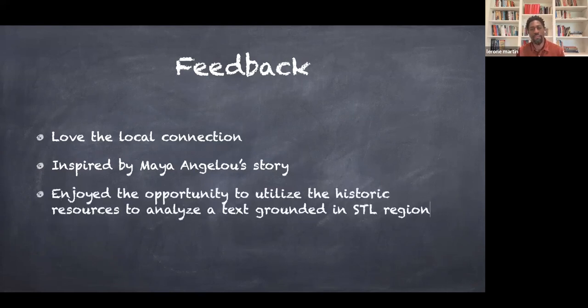And finally, they really enjoyed the opportunity to utilize the historic writings and resources that we had to analyze the text grounded in St. Louis. And what it did then was propel them, right? So this was the final reading. It showed them how to do what I was asking them to do, and the skill set that I wanted them to have in order to complete the final assignment, which was to look at the Ferguson report and ask questions about what's happening around liberty and self-governance in the St. Louis region.